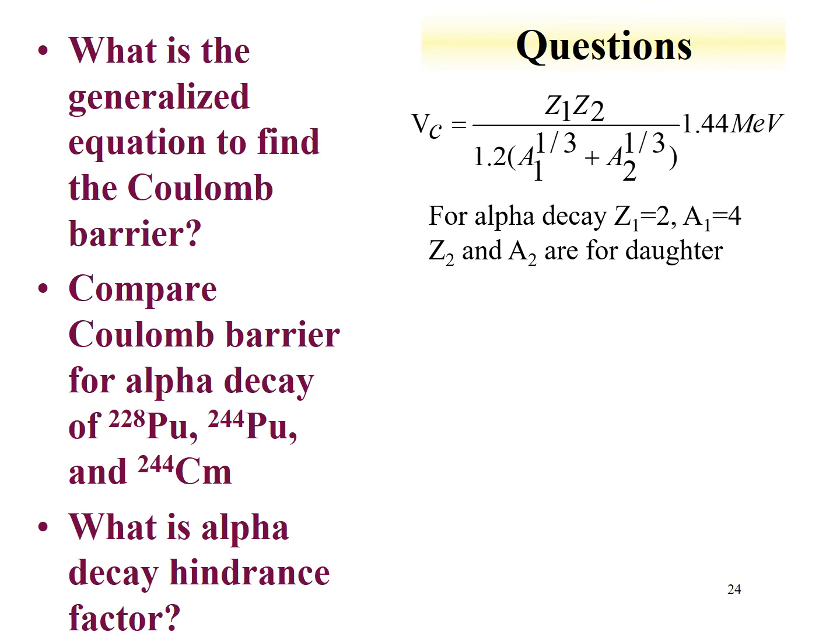We'll see in other examples of the Coulomb barrier that this equation can vary a little bit, and a lot of it has to do with what nuclei were evaluated to derive the equation.